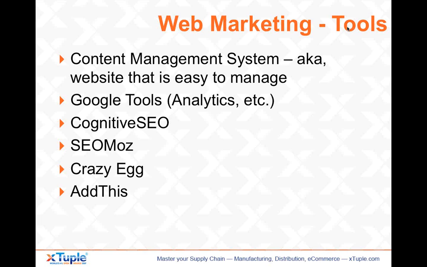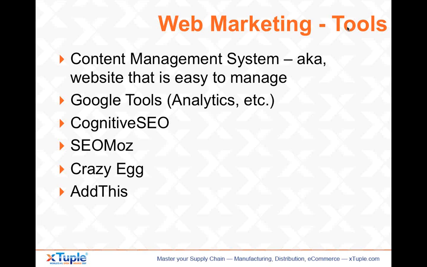Cognitive SEO and SEO Moz, these are other web-based tools that you can use. In the past, SEO is a very hot topic. It's a buzzword. It stands for search engine optimization, and it relates to how your site ranks on search engines.